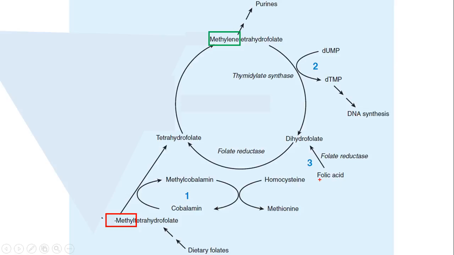We can get rid of the megaloblastic anemia due to vitamin B12 deficiency by substituting folic acid as the drug, because folic acid will bypass the dietary folate mechanism and go into the cycle directly. This folic acid will be converted into dihydrofolate by folate reductase, which is further converted into tetrahydrofolate, and then onwards the cycle goes.